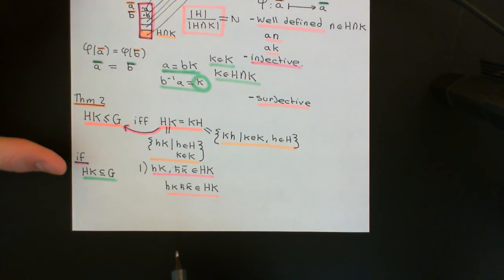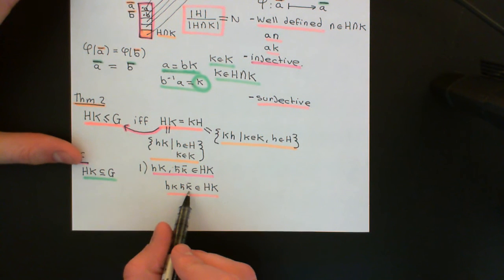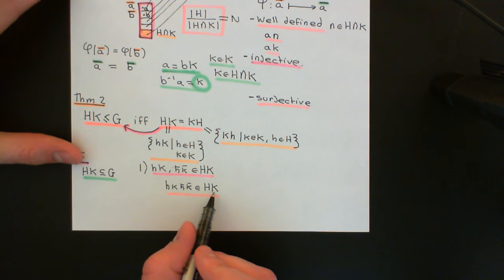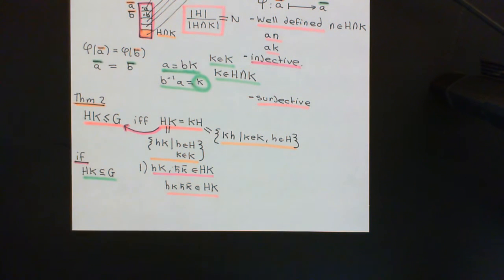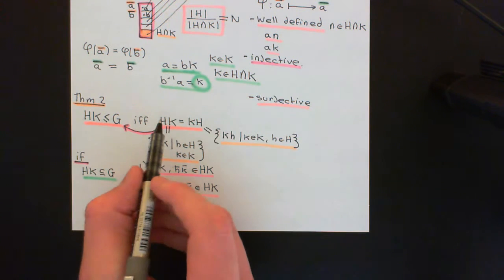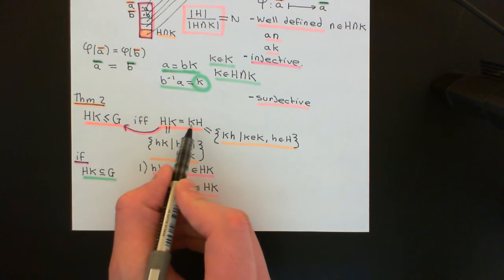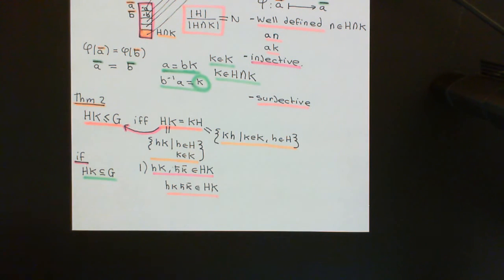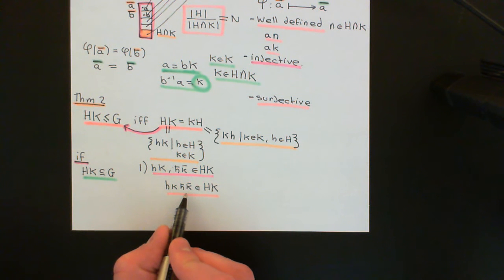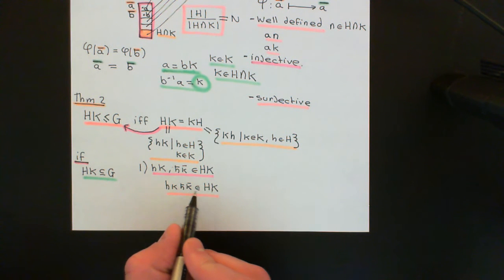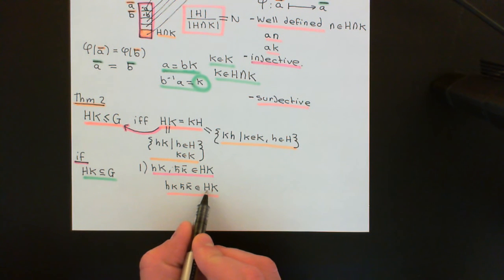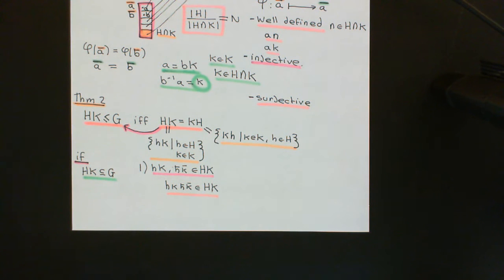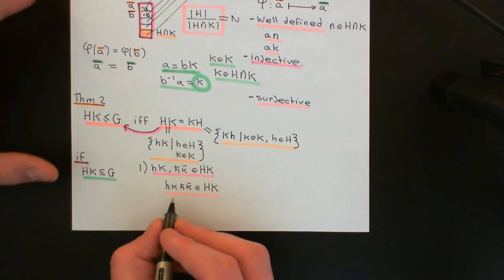Okay, so how am I going to prove then that this element is going to be in the product of these two subgroups here? Well, what have I got that I know is true? I know that the product of H with K is the same as the product of K with H. Okay, and somehow I have to use that piece of information to show that this is of the form an element of capital H composed with an element of capital K. So here's the trick.